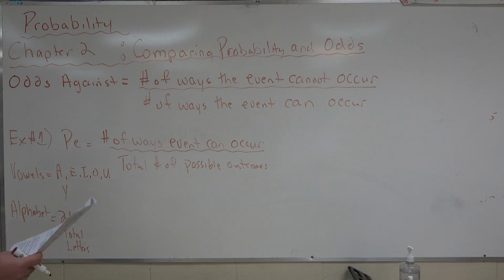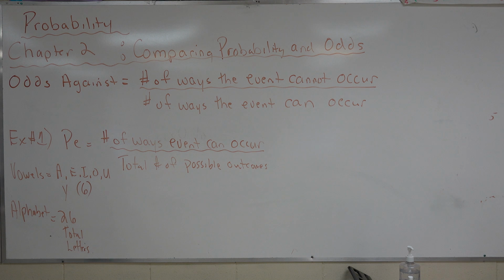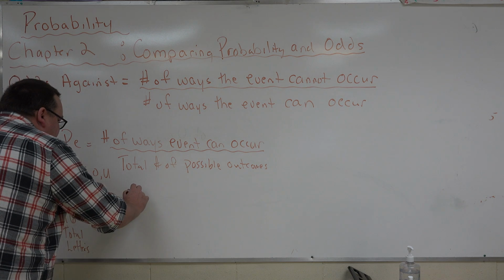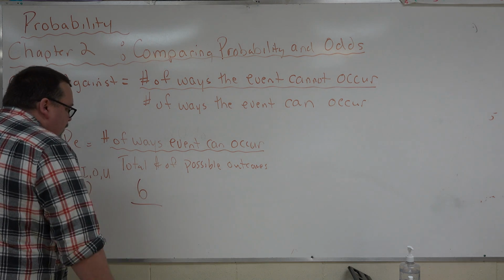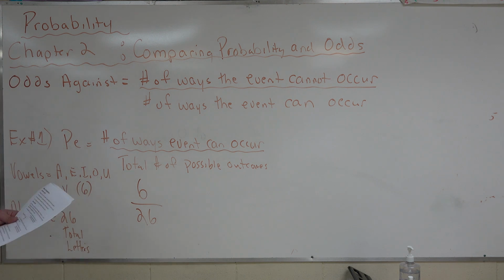That gives us a total of 6 vowels. Then we know in the alphabet there are 26 letters. So the probability would be like this: we have 6 that are vowels that we want, but we have a total of 26 possible outcomes. So it's going to be 6 over 26.